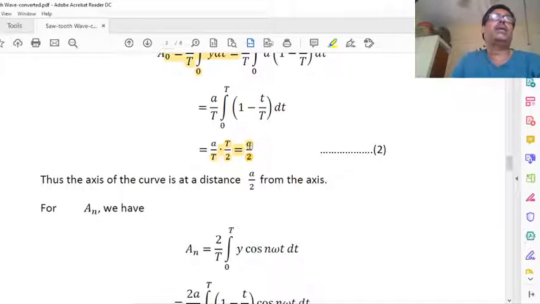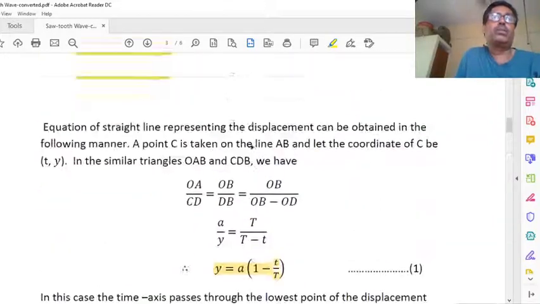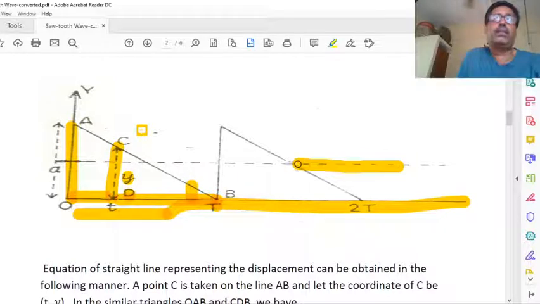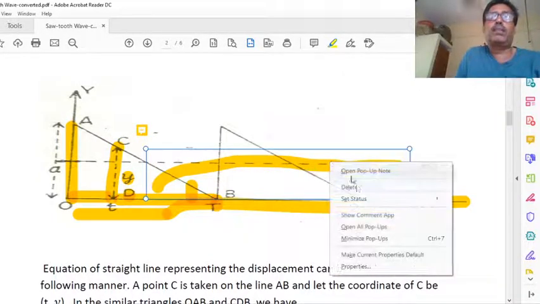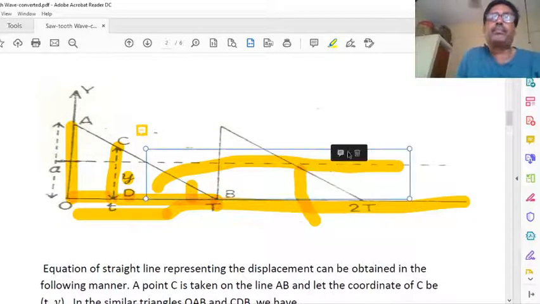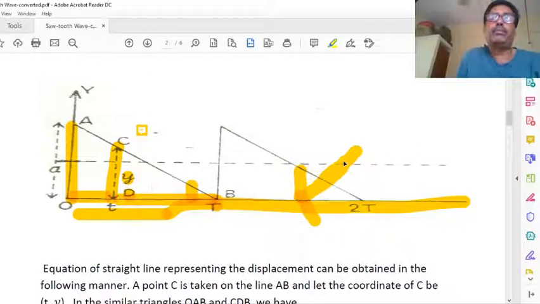It will not be at height A, but at A by 2. So here you can see I have drawn a dotted line according to this value.